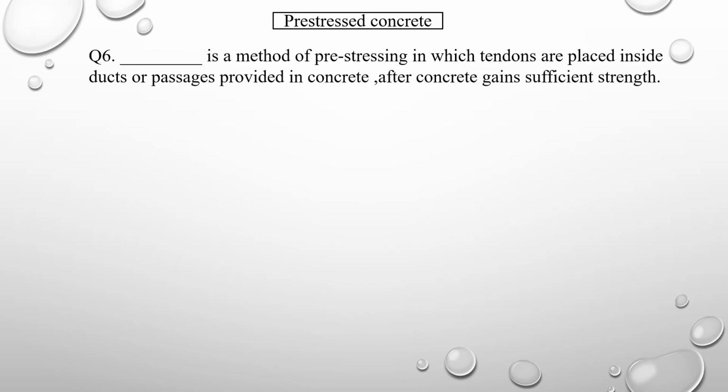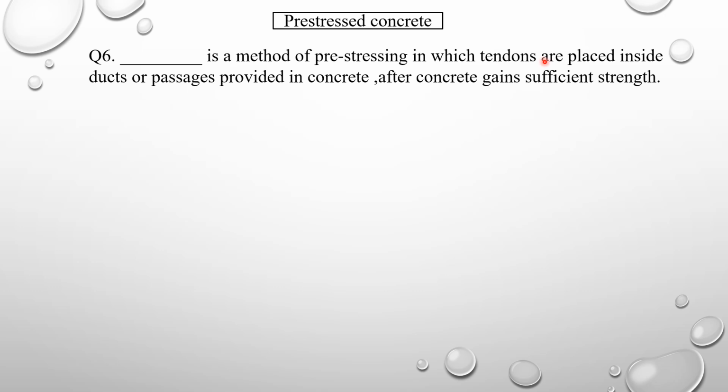Then next, the sixth question is from pre-stressed concrete. Question number 6: Dash is a method of pre-stressing in which tendons are placed inside ducts or passages provided in concrete after concrete gains sufficient strength. Here focus on this word, after.